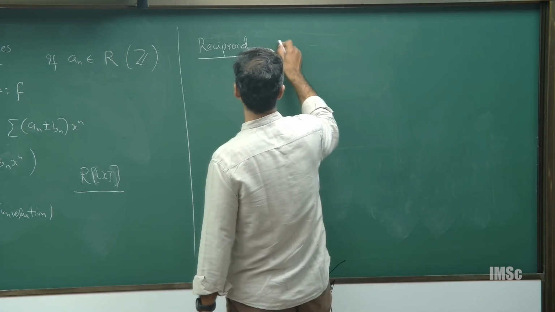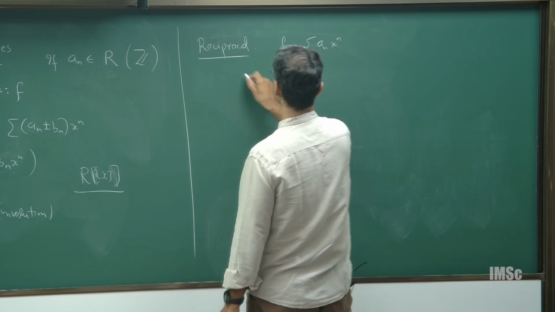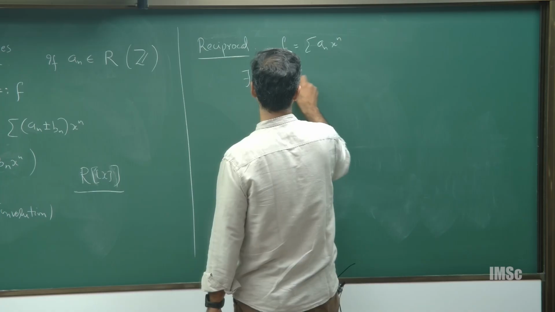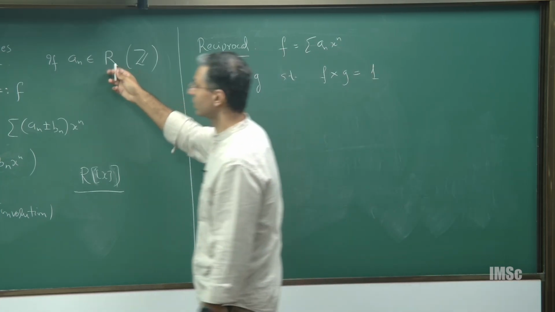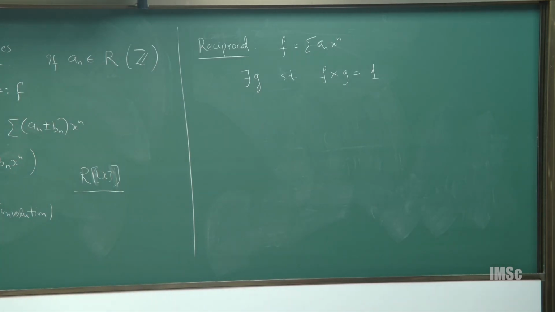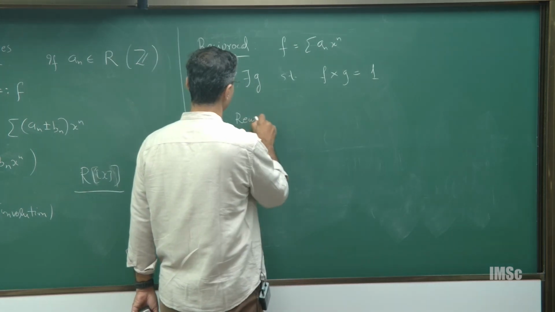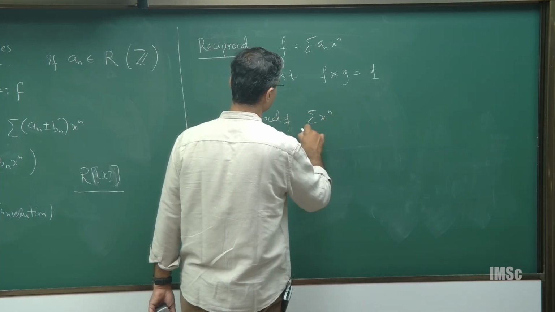So you have f, which is this summation. When does there exist another series G such that f times G is the number one, the one in your coefficient ring, right? So when is there a reciprocal? For example, we have seen, what is the reciprocal of the summation of x raised to n?